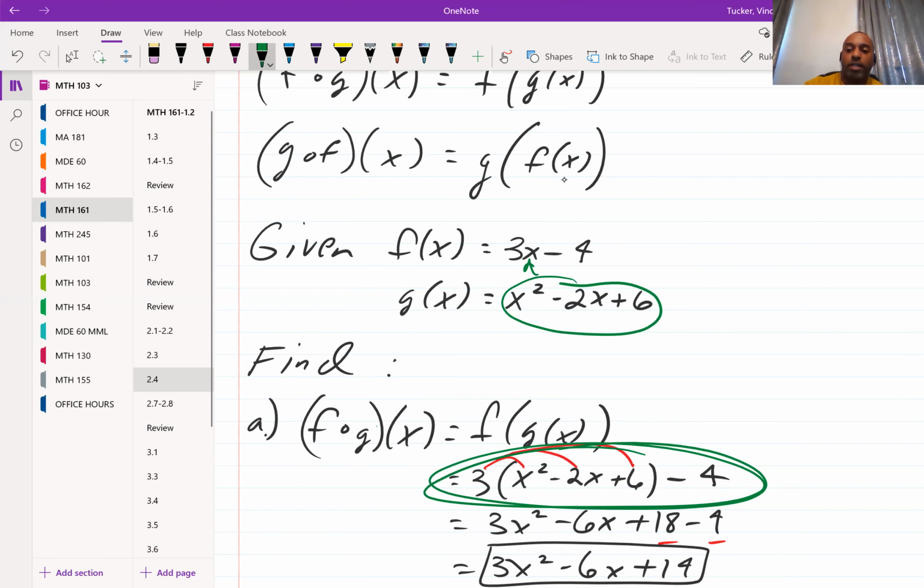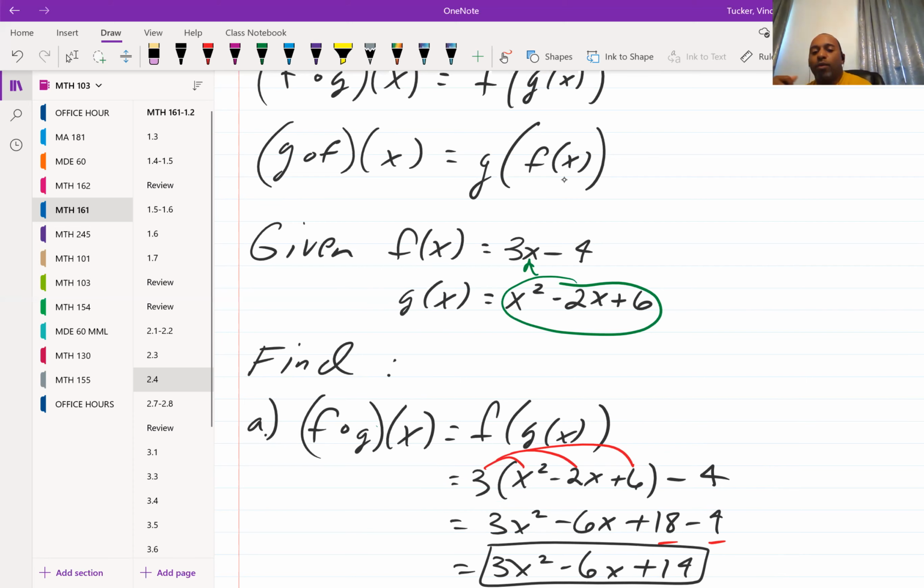Once you do that, then you can go to simplify accordingly. You can distribute your 3: 3x squared minus 6x plus 18, then combine your like terms in the back. 18 minus 4 is 14, so that would be your expression.